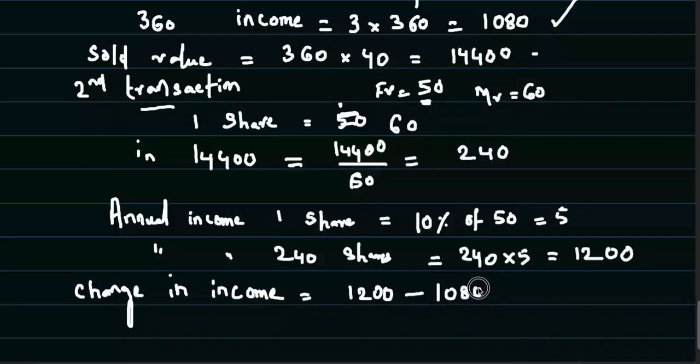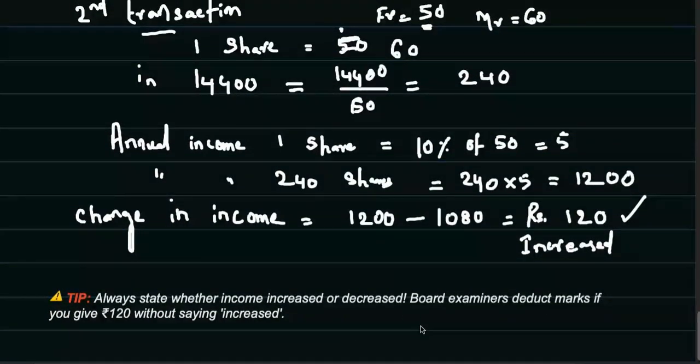So 120 rupees is the change in income he has got. His income is increased. So always state whether income increased or decreased. So what you will write? You will write income increased, because what happens if you don't write increased or decreased? Board examiners deduct marks if you give rupees 120 only without saying increased or decreased. So that's why it is important.